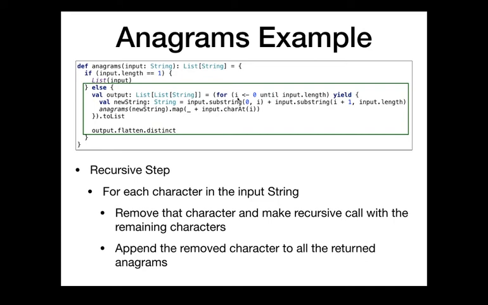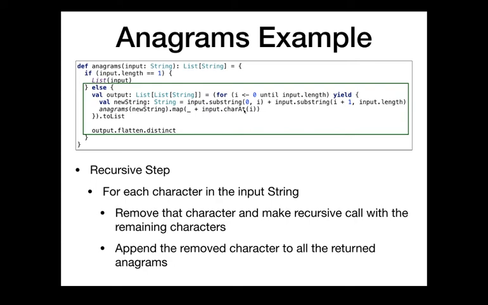And for each character, it's going to remove that from the input string to create this new string. We're going to remove just that one character. Then we're going to make the recursive call on anagrams on that string with that character removed. When we get that return, we're going to assume that's correct and base all of our logic on that being correct.